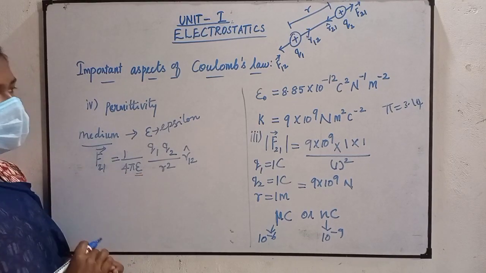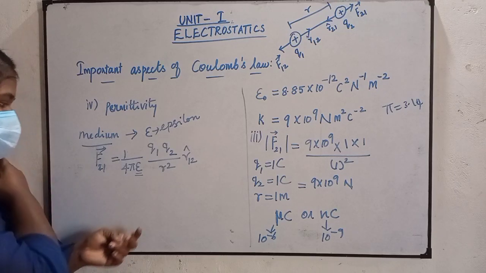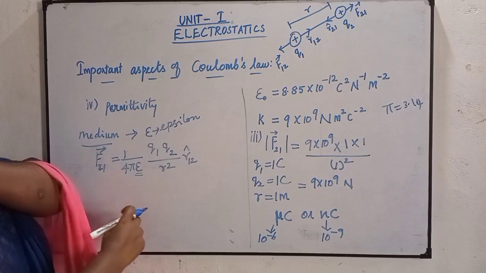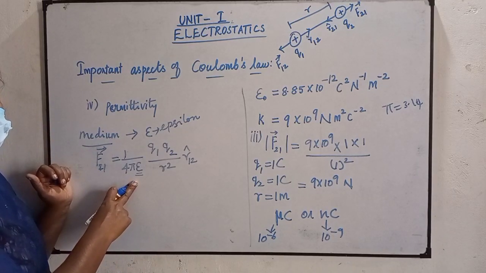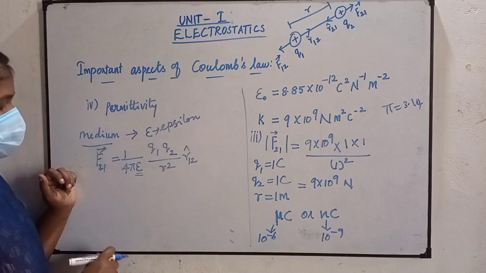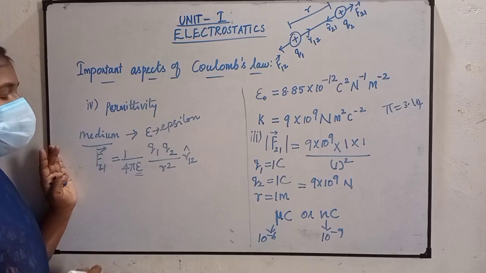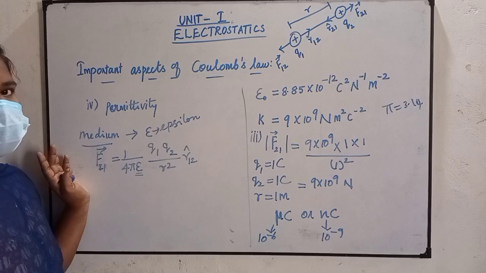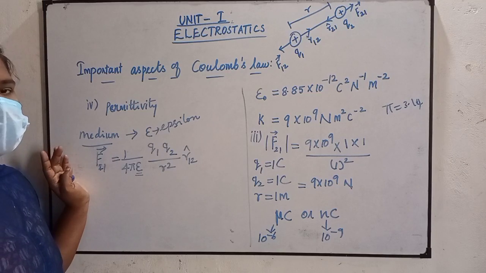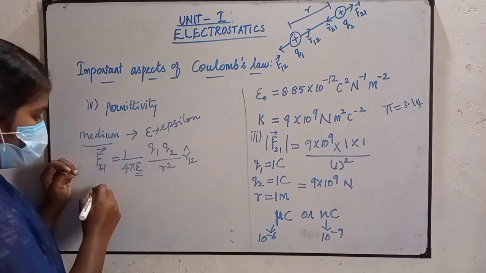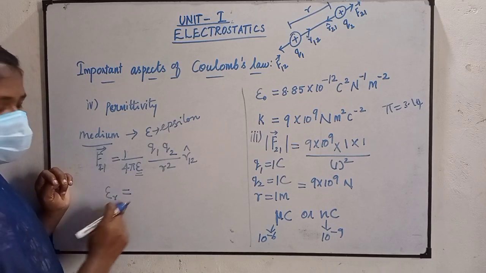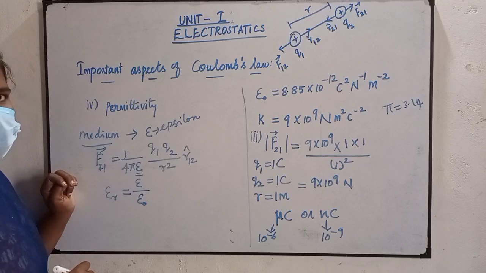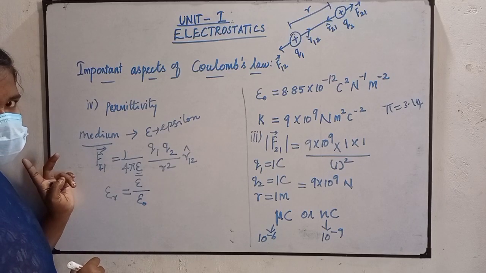In vacuum we use epsilon naught, and in a medium we use epsilon. Then we have another term, the relative permittivity. Epsilon r is equal to epsilon by epsilon naught.